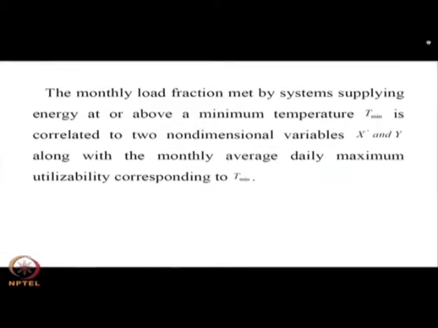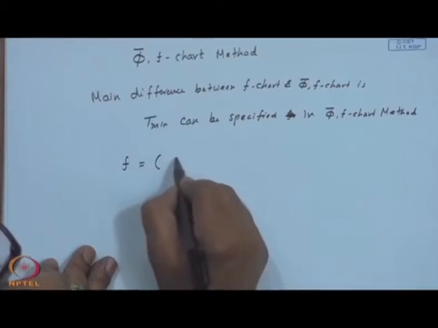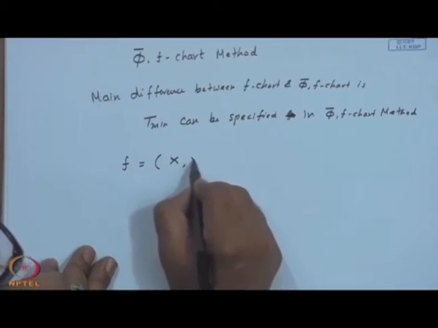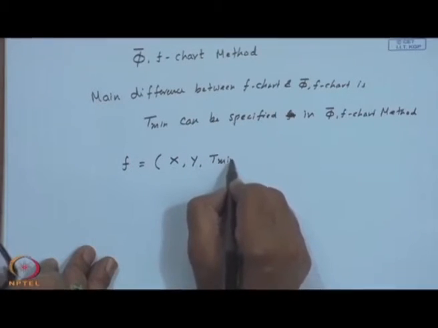So, now the monthly load fraction should be similar to my x, y, and somehow I have to relate it to T minimum.